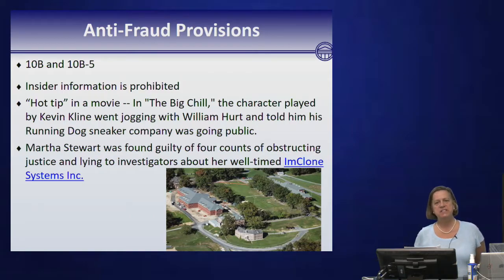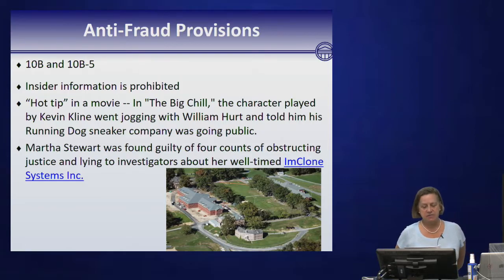She was friends with the CEO of a company, ImClone, and Sam Waksal had received some bad news. That is that a drug that the company had been working on did not receive FDA approval. So he called Martha, and Martha traded her stock. She sold her shares in ImClone based on this inside information.